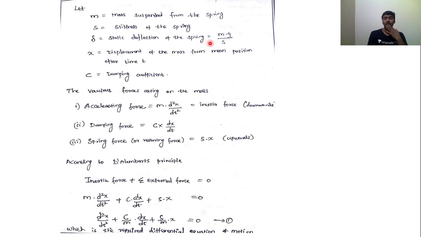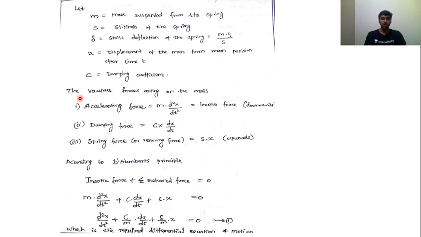We know the load is stiffness times deflection, that is, mass into gravitational force. x is the displacement of the mass from the mean position after time t, after giving the external force. C is the damping coefficient.